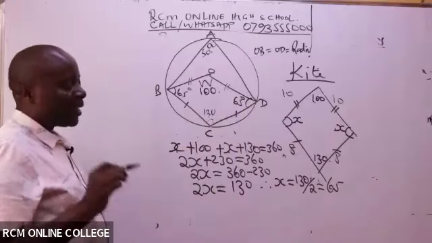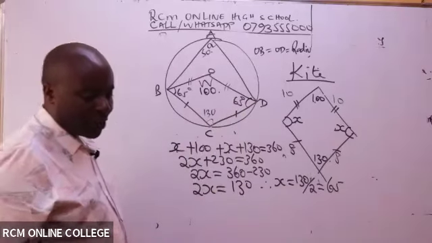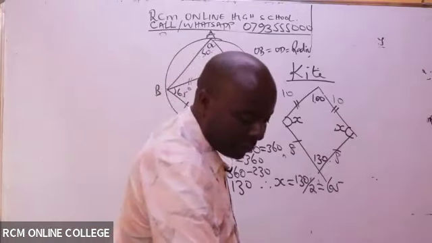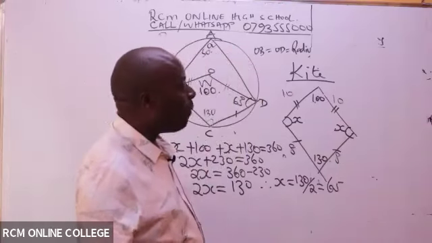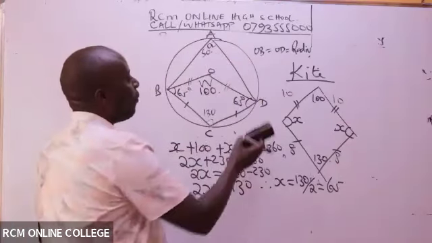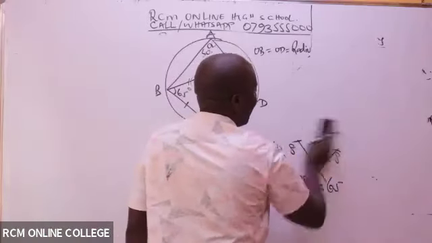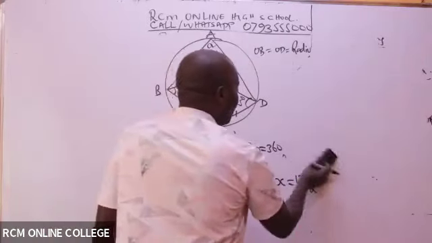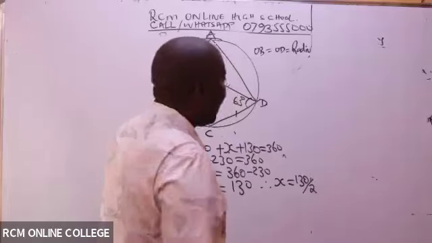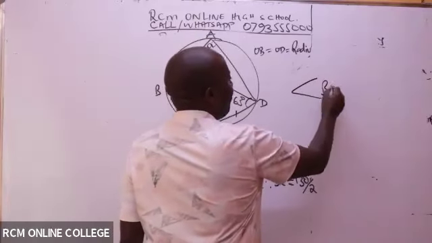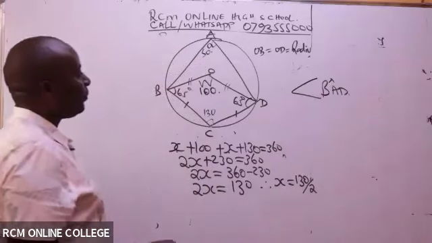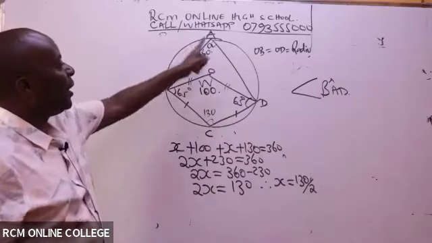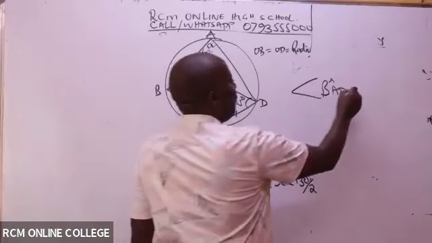Now we can answer the question. The first angle that they wanted us to give them is angle BAD. We write BAD, 50 degrees.